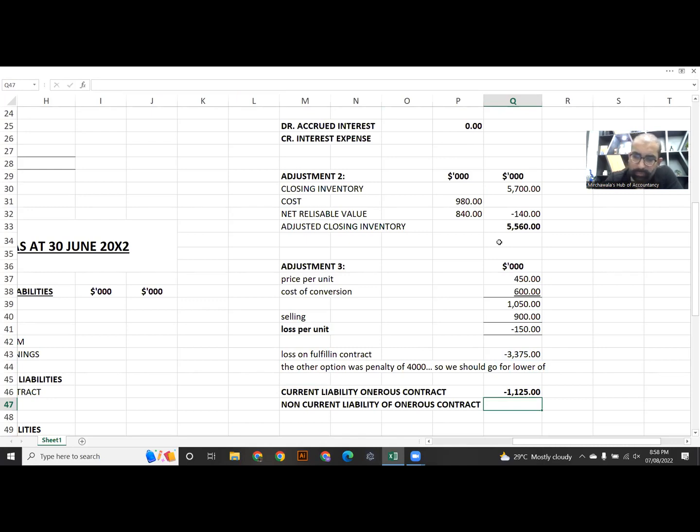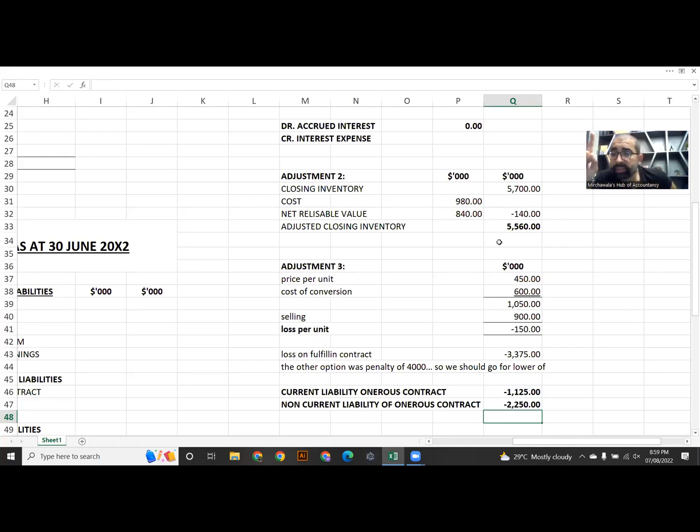And now the remaining amount is this times 2, which is 2,250. Now all of you listen. In the balance sheet, we'll book 1,125 as provision in current liability and 2,250 as non-current liability.